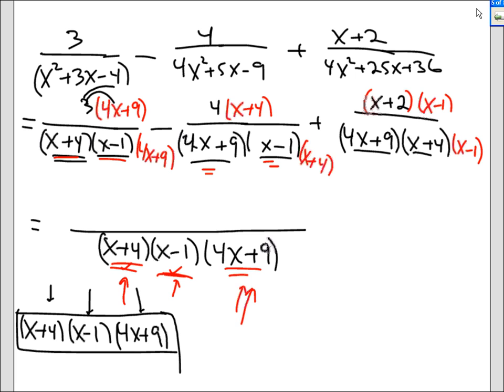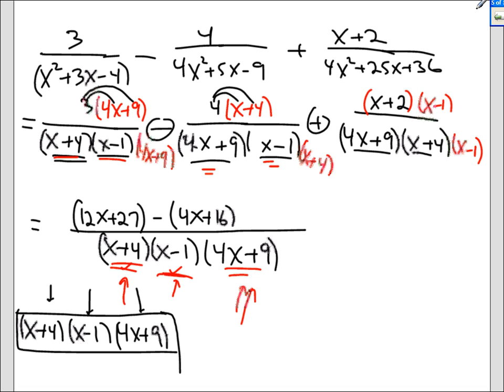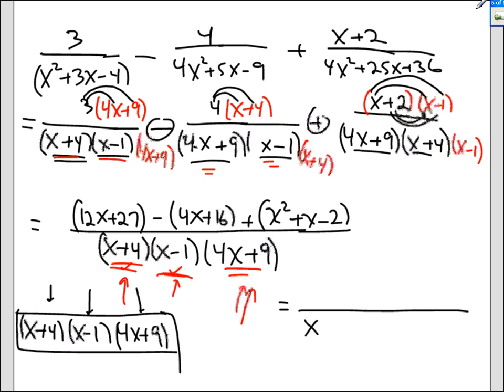I do the multiplication. Get 12x plus 27, minus 4x plus 16, plus x squared minus 1x, but then add back 2 x's. That is plus 1x. And then take away 2. Alright, and the denominator has not changed.